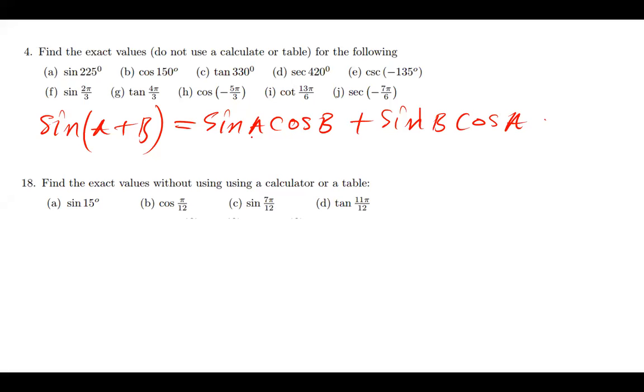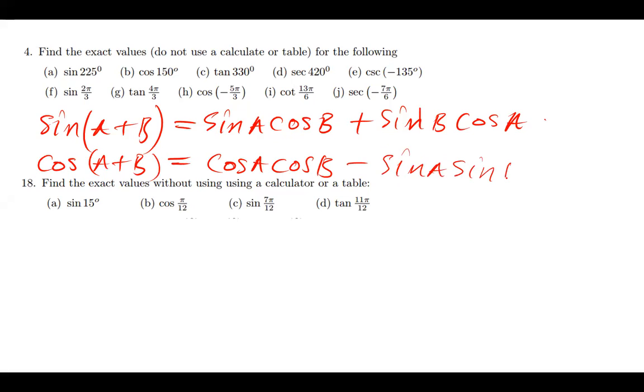If sine is the one that had A this side, cos is the one that will have A. And then for cos, you have cos A plus B is equal to cos A cos B minus sine A sine B.